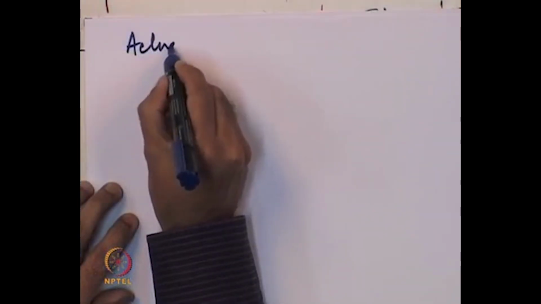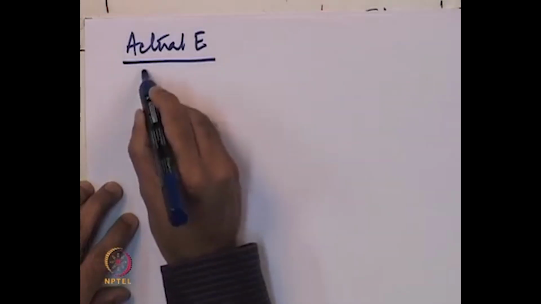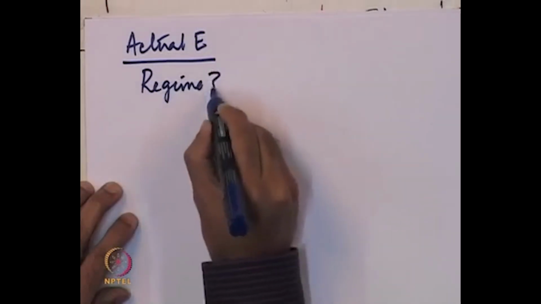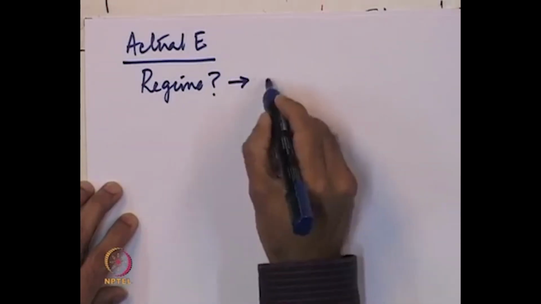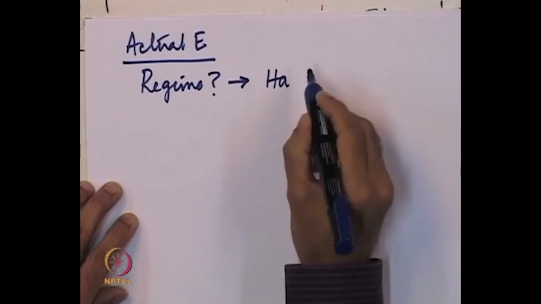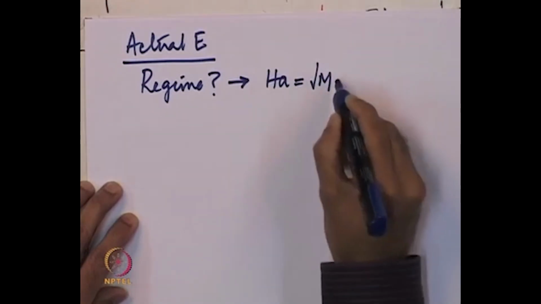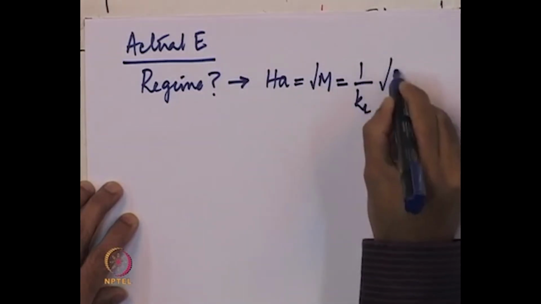In order to calculate the actual enhancement factor, we need to first estimate the regime, so that we know which expression to use. This question can be answered by calculating the value of the Hatta number or root m, which for a second order reaction can be calculated in the following manner.